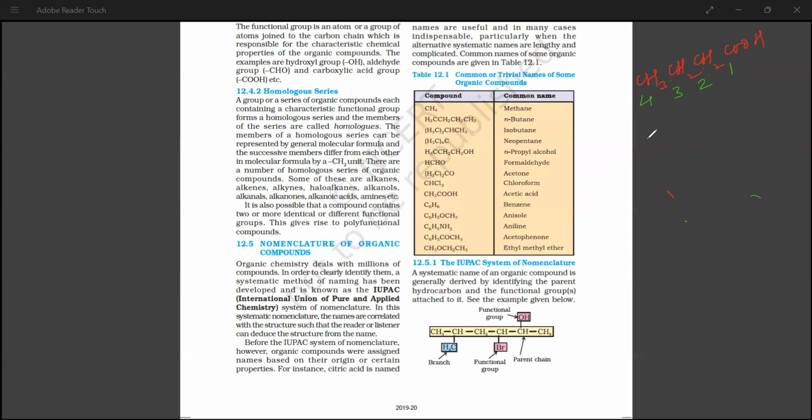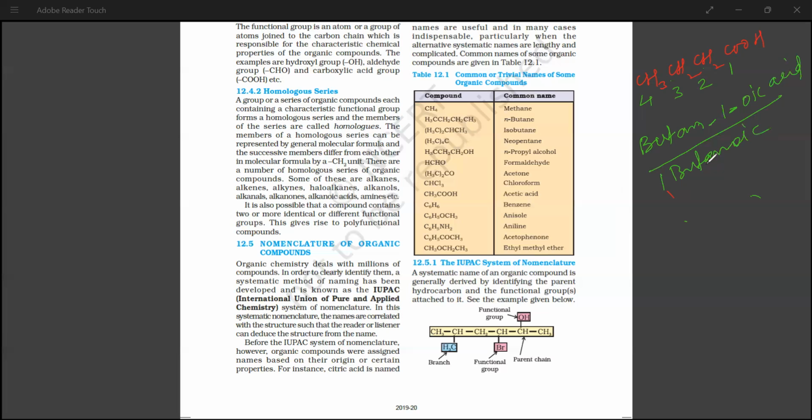1, 2, 3, 4. How many carbon atoms are there in total? 4 carbon atoms are there, so it is but-. In between all carbon atoms, single bonds are there, so butane. On the first carbon atom, the functional group COOH is there, so it will be butane-1-oic acid, or you can say 1-butanoic acid.